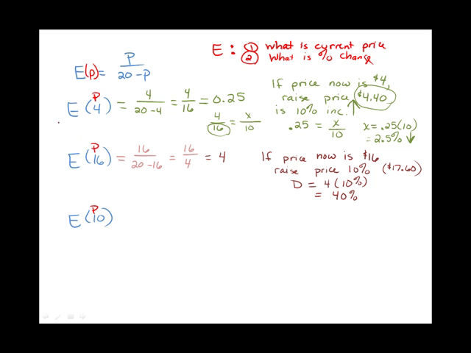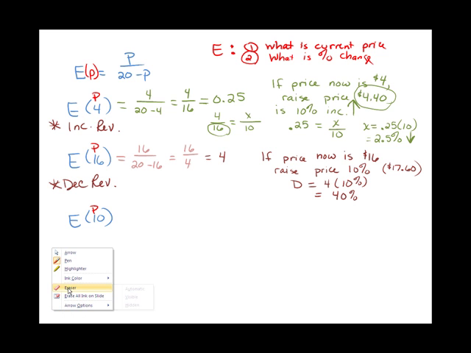So the previous one resulted in an increase in revenue because even though my price went up, my demand did not drop. Here I'm going to get a decrease in revenue because my price going up even $1.60 is going to drop my sales 40%.